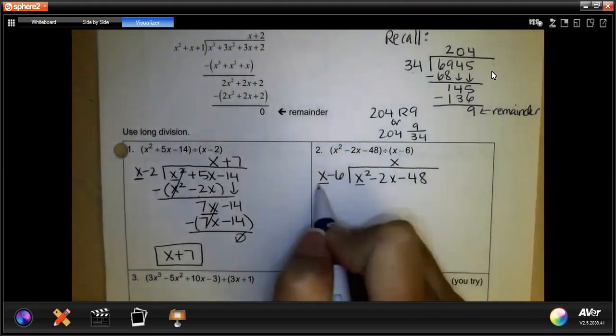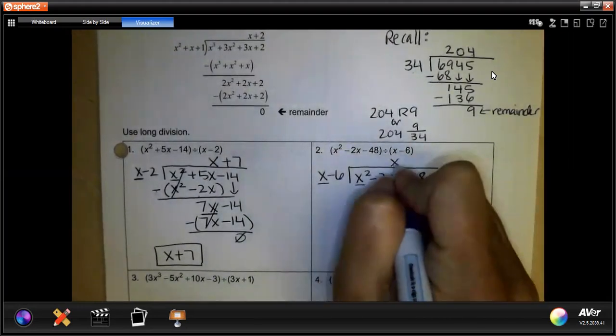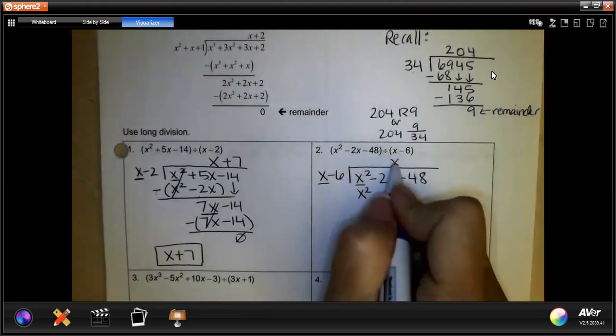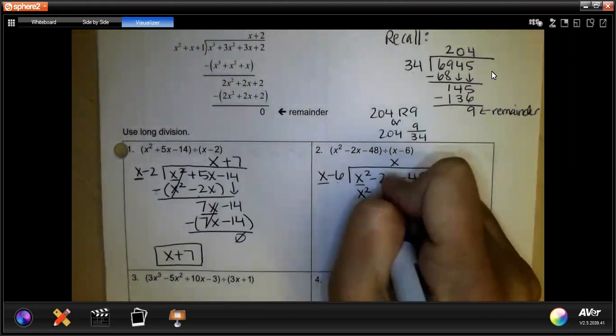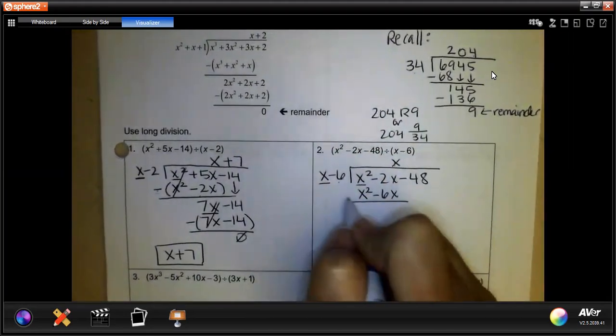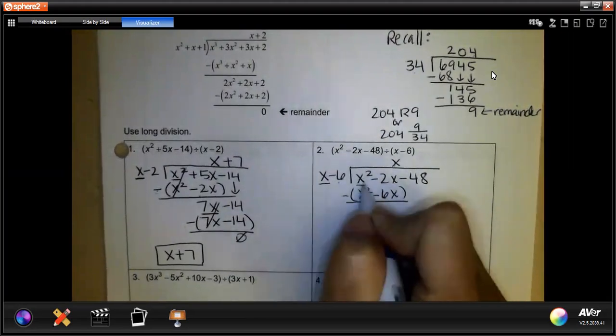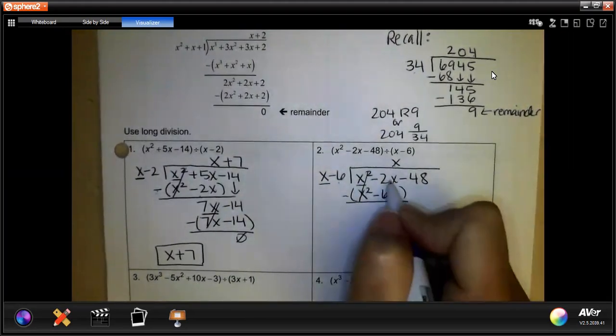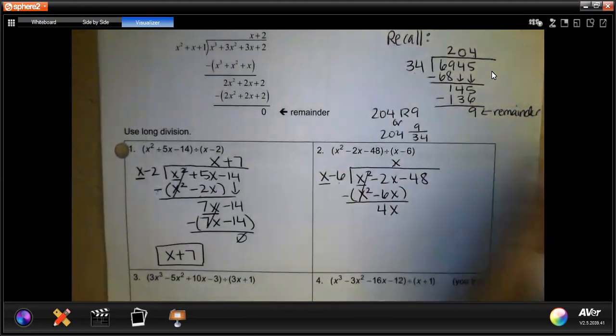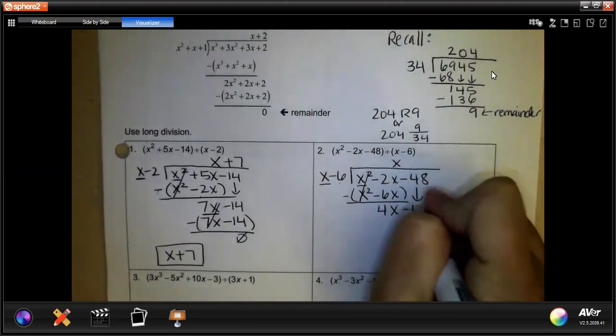We multiply x times x minus 6. So x times x is x squared, and x times negative 6 is negative 6x. We're ready to subtract. x squared minus x squared is 0. Negative 2x minus a negative 6x gives me a positive 4x, and this negative 48 comes down.